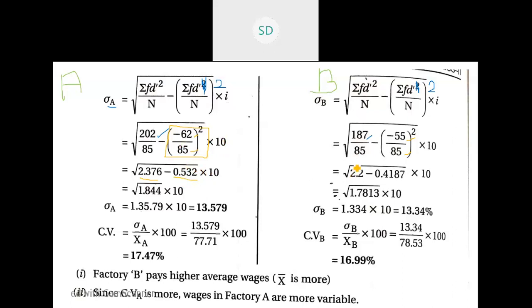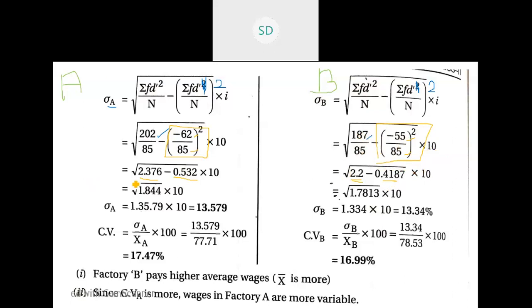Similarly, for factory B, 187 by 85 is 2.2, minus minus 55 by 85 whole square, which is 0.4187. You can solve it step by step or like this. Into 10 is the common value.